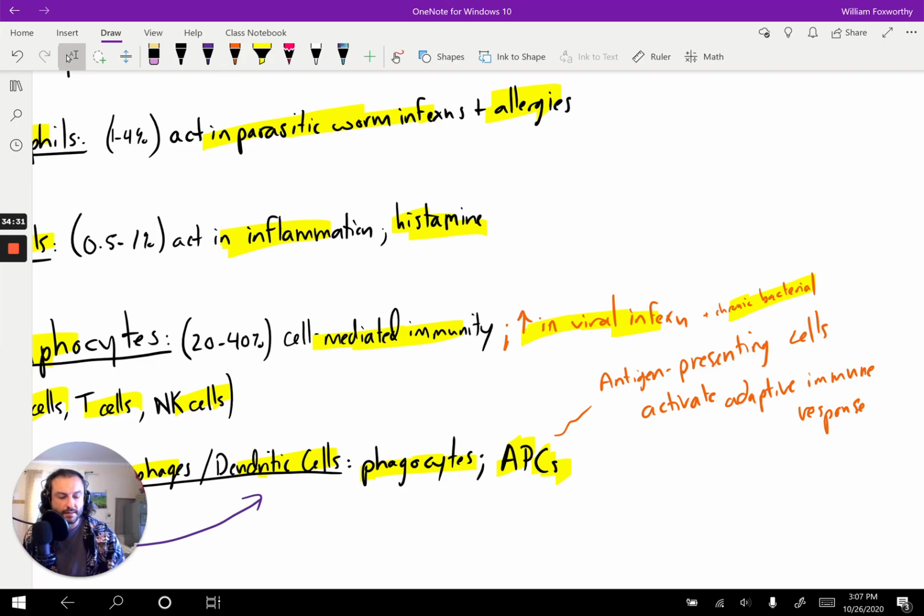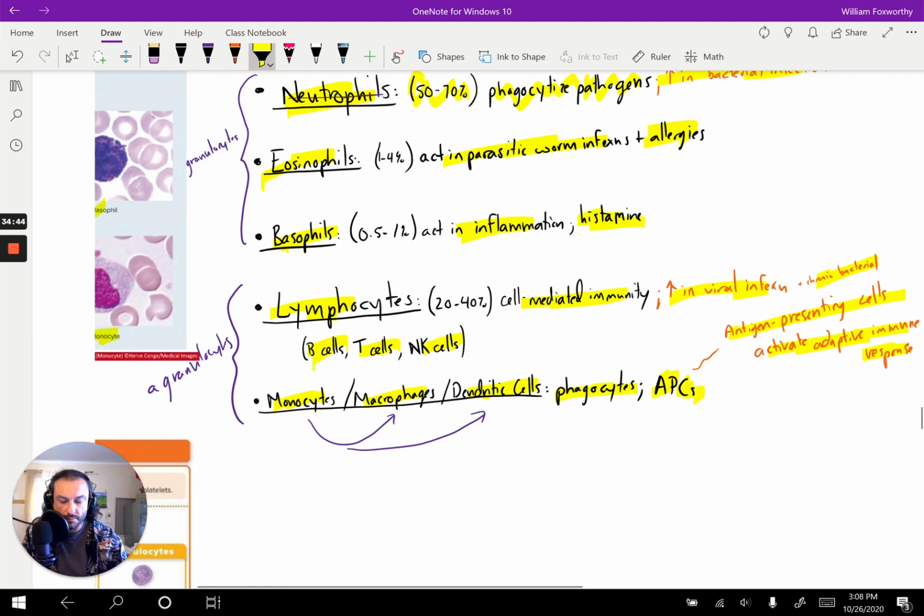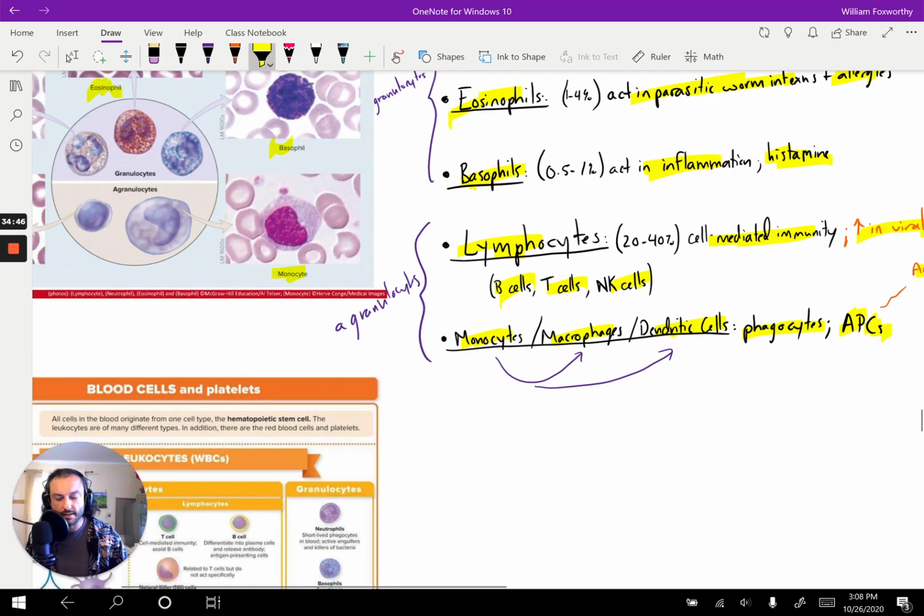So they present that to T cells and B cells to activate the adaptive immune response. They are professional APCs, antigen-presenting cells, because they present antigens to B cells and T cells to activate your specific immune response.